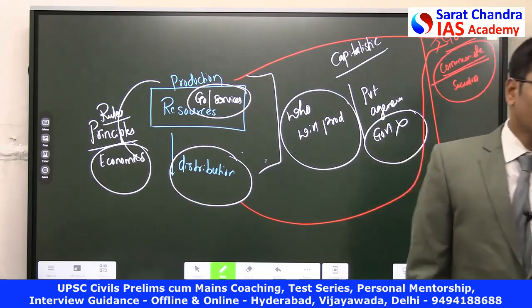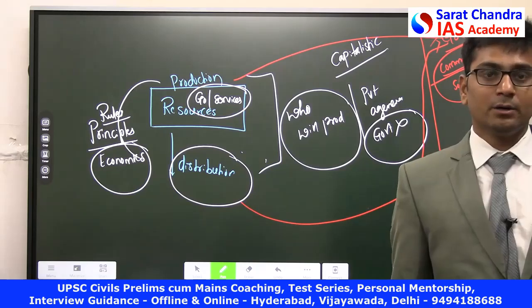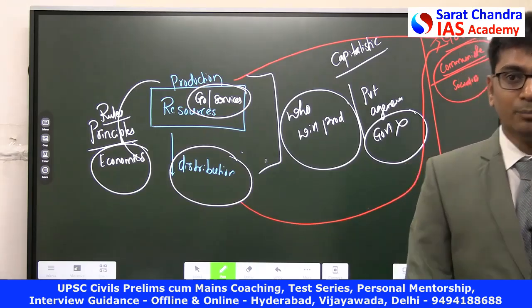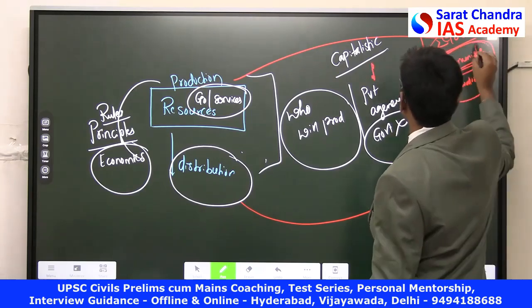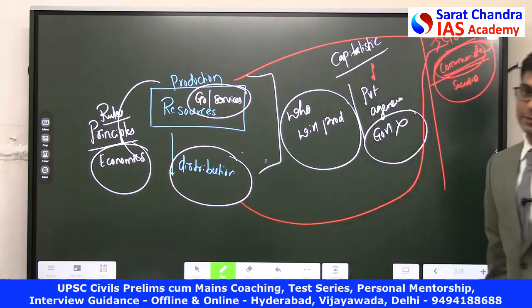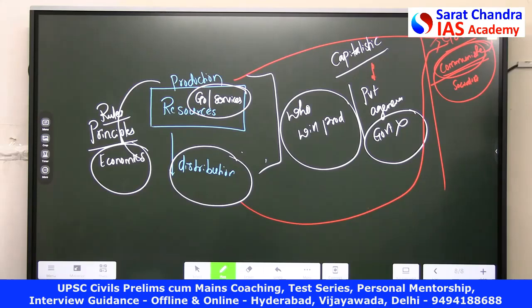Communist means in the economic perspective it is controlled by the government or the community at large. No individual player but the community. The community is represented in the form of government. Right? So go with communistic, this one, government.